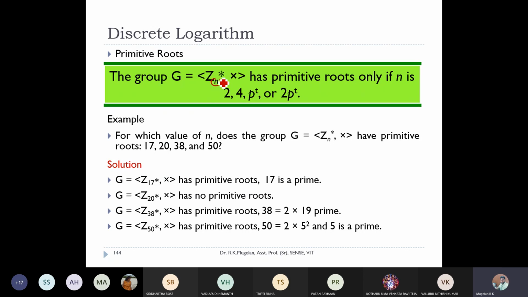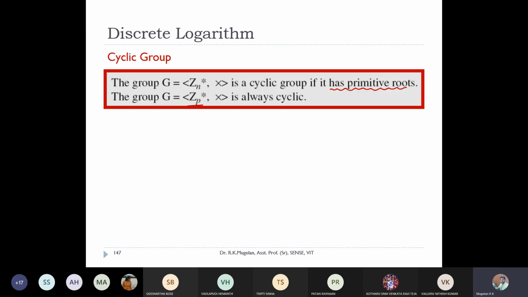So whenever your n is in the form of 2, 4, or a prime raised to power t, or 2 times p power t, it will have a primitive root. So obviously, if your group is made of Zp star, it will have a primitive root. Thereby, indirectly, we can call it a cyclic group itself. Is it clear, guys, regarding cyclic groups? If it is clear, raise your hand so that I will move on to the next topic.